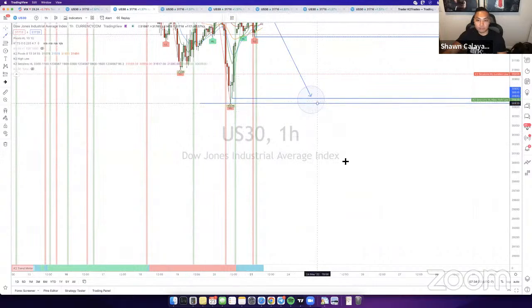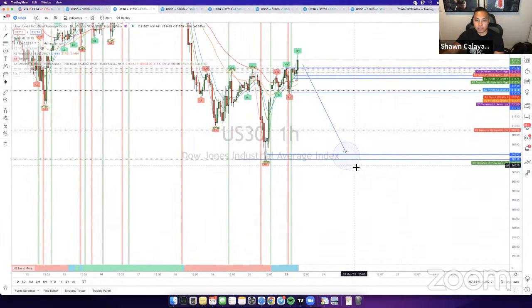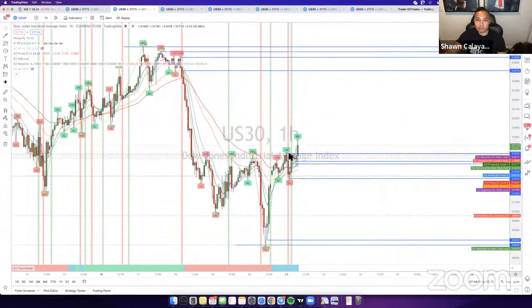If you guys are not familiar with these areas of liquidity, just watch the previous mentoring session. I pretty much went over this towards the end of that session, explaining why we draw these areas of liquidity, where you guys can trade within those areas.